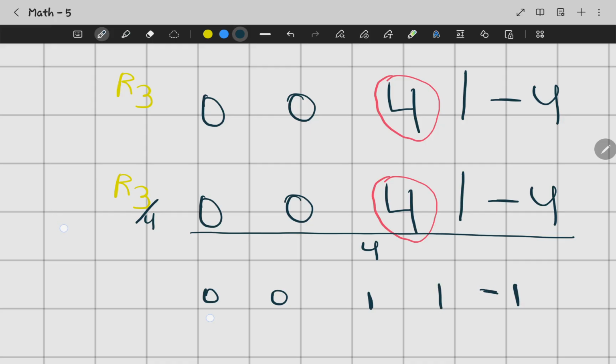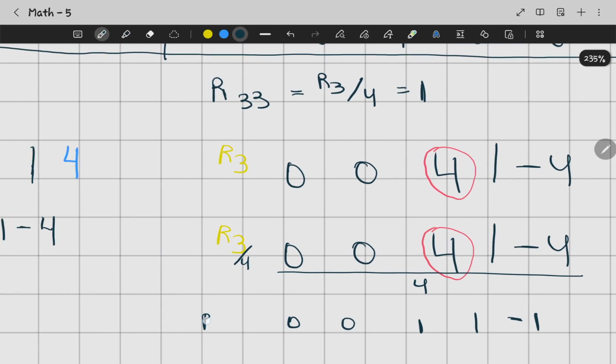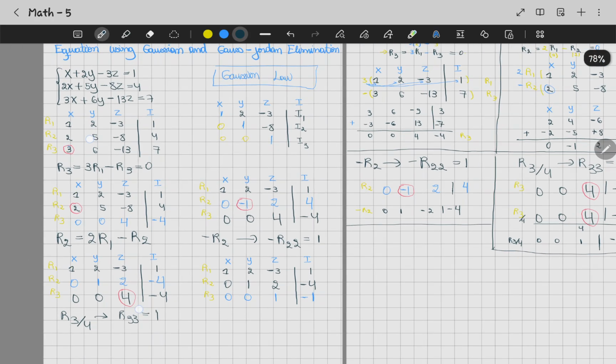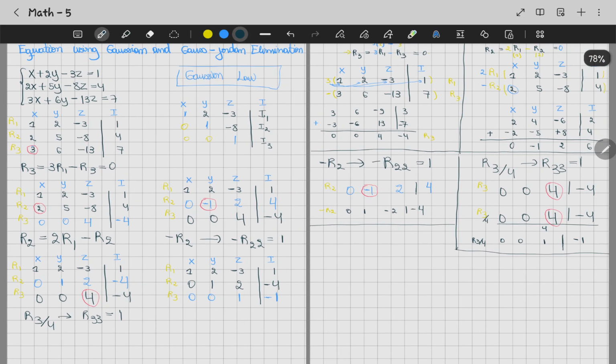This is what we're going to get when we divide everything by 4. So that's what I'm going to copy, and this is what we're going to obtain.